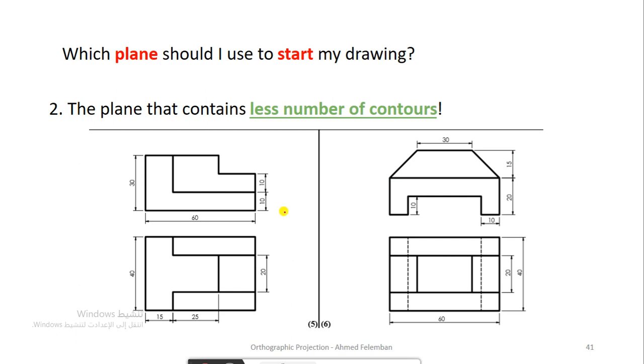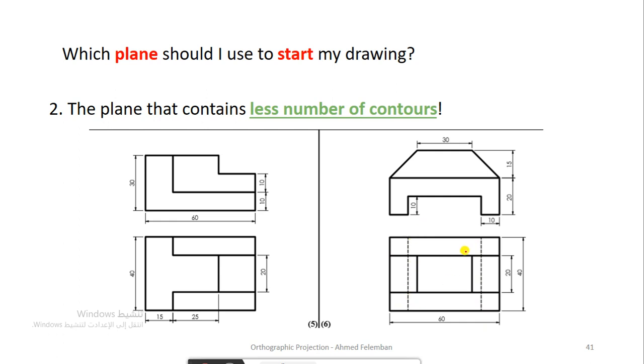Now rule number two: choose the plane that contains fewer contours. Suppose in question number 6, how many contours do we have? We have two in the front, while in the top we have five.